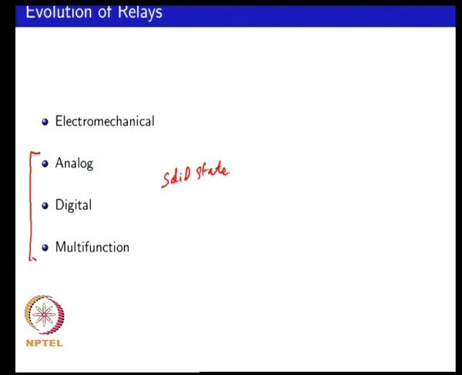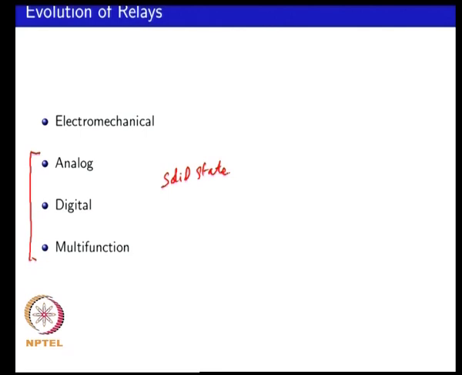Then after people started looking at analog circuits for relays, by the late 80s you had microprocessors, and people started having microprocessor based relays. Whatever was being written as an equation in an op amp could now be implemented in a processor. So, you had digital processors doing the calculation, and that was the start of a relay where you could actually program the settings.